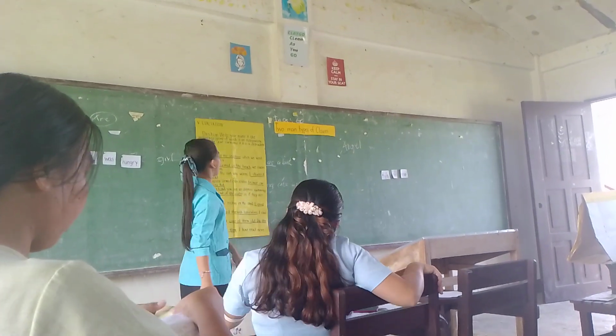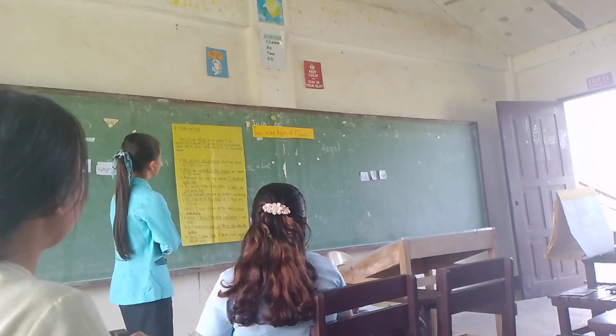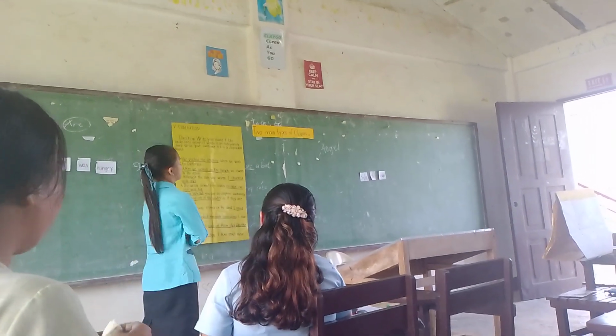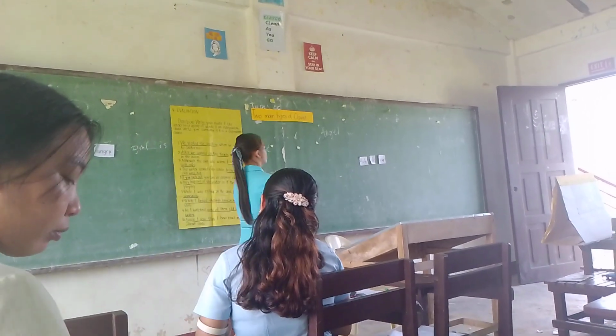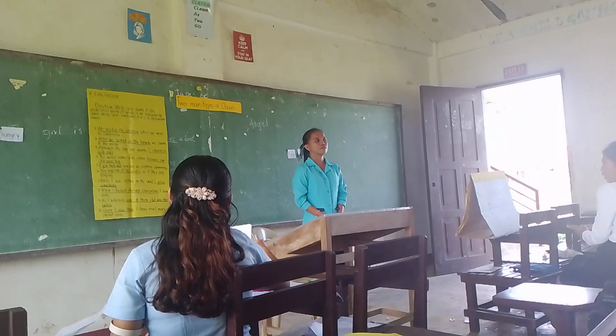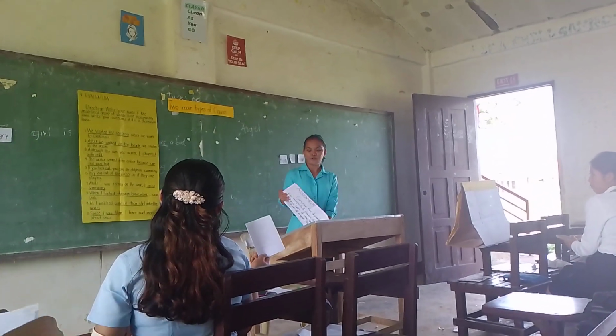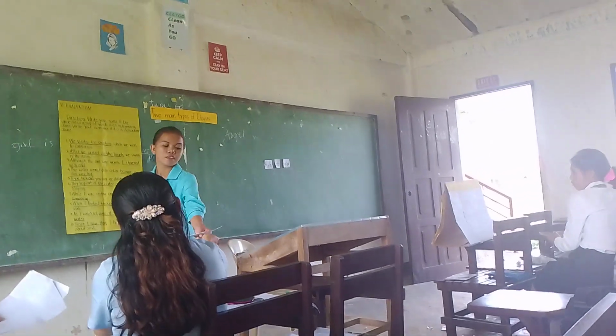The direction: write your name if the underlined group of words is an independent clause. Write your surname if it is a dependent clause. I will only give you 2 minutes to answer. Are you done? Yes, ma'am. Let's check your works.